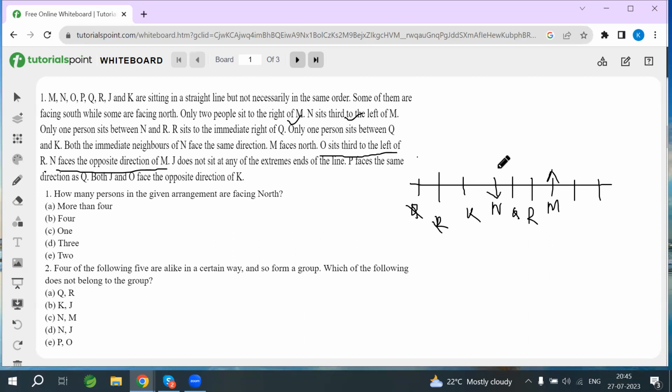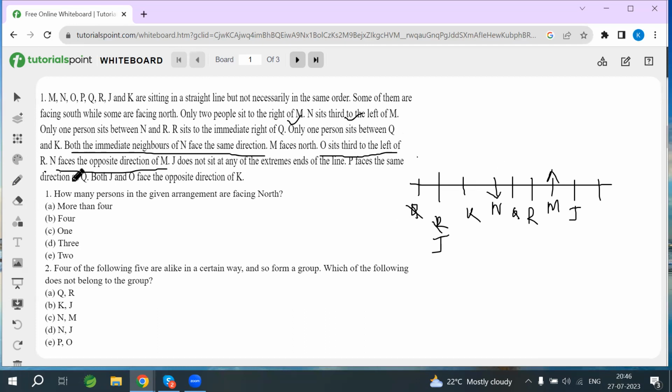If N is in this direction, both the immediate neighbors of N face the same direction. And J does not sit at any of the extreme ends, so J may be here or here.